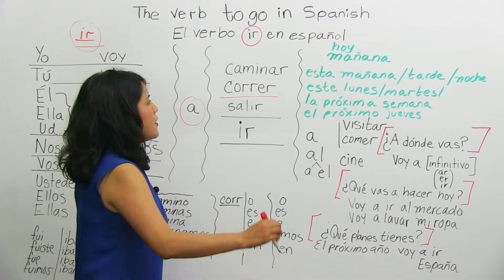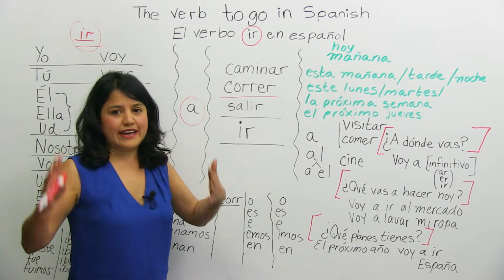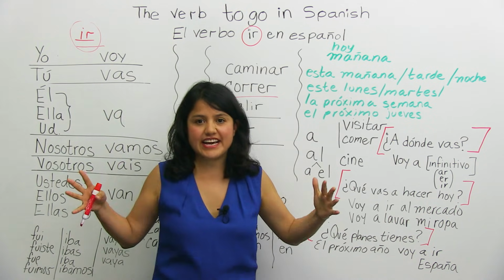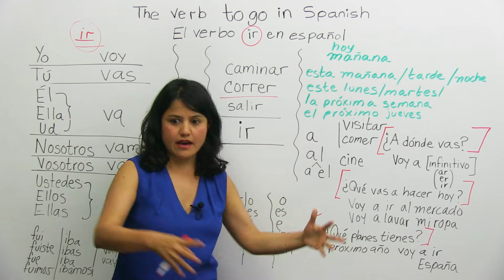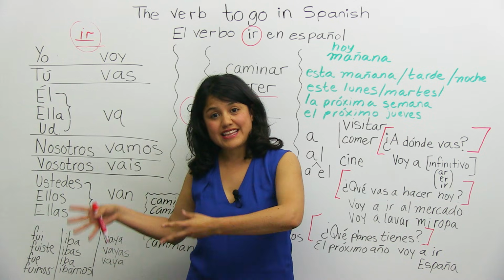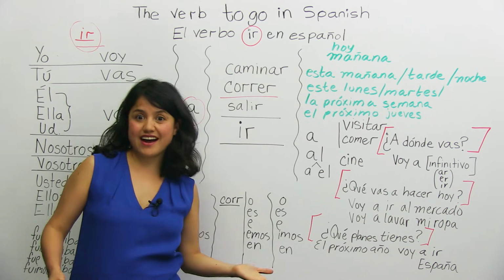Infinitives? Well, the verbs in Spanish are divided in 3 classes, okay? 3 big worlds of verbs. The world of the verbs that end with ar, such as caminar.